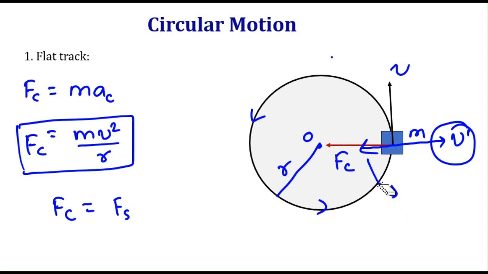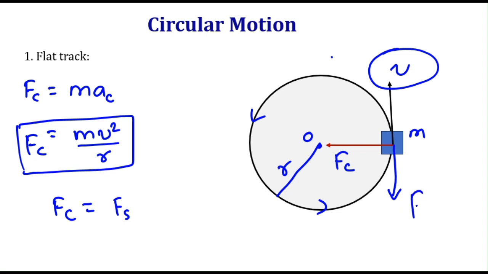There may be kinetic friction here, sliding friction maybe here, if this block is sliding over the track. But that sliding friction will be tangential, which will be against this velocity. This will be the sliding or kinetic friction here. But if the friction is against impending motion, which is not actually happening, this friction is static friction.